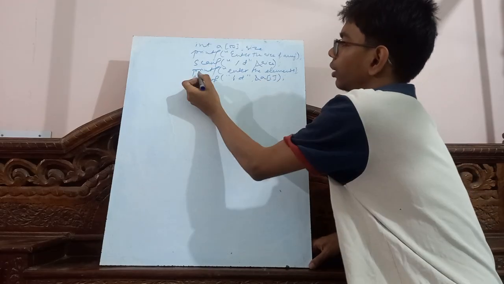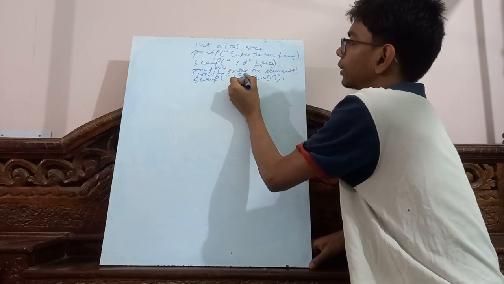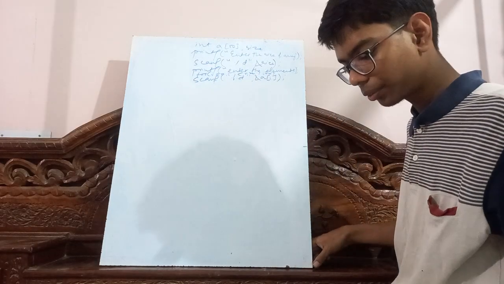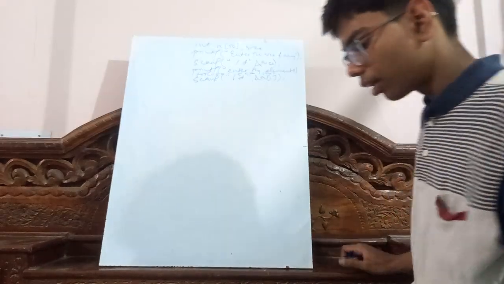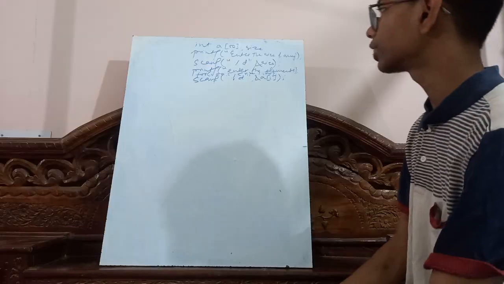Here I will write a for loop, i is equal to 0, i less than size and i plus plus, and then the user will input the array elements one by one.